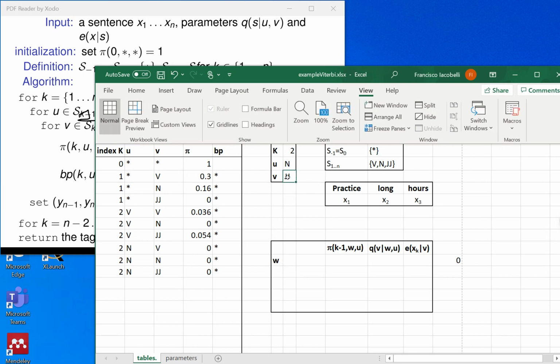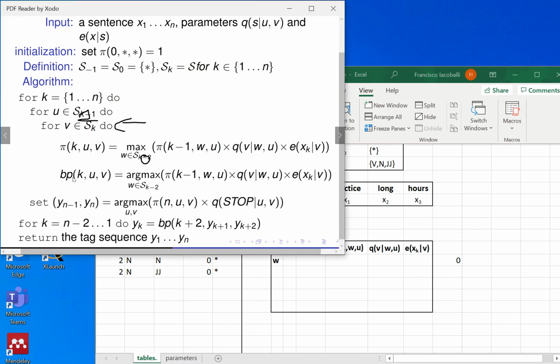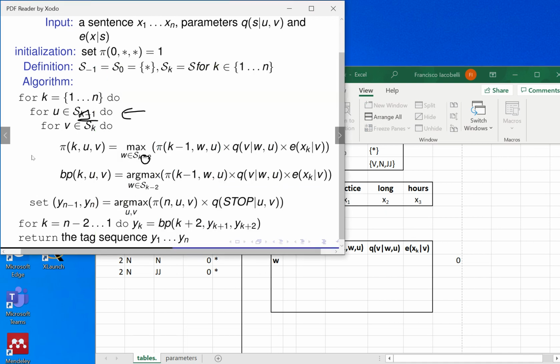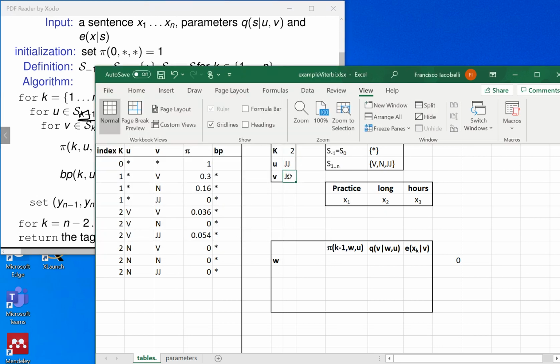Now, I've looped through V already, so I'm done with this part of the loop. So I'm going to go here. I'm going to increase U. U was N, now U is JJ. And I'm going to go back now to this loop. So V will start again. We're 2, so S2 is here.